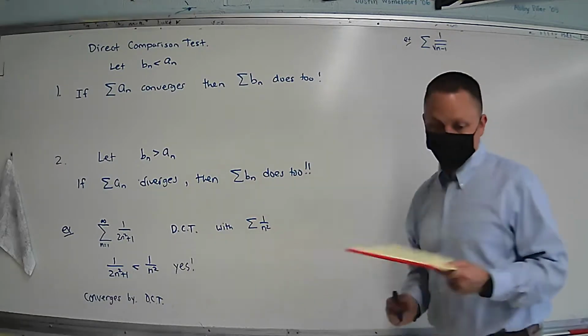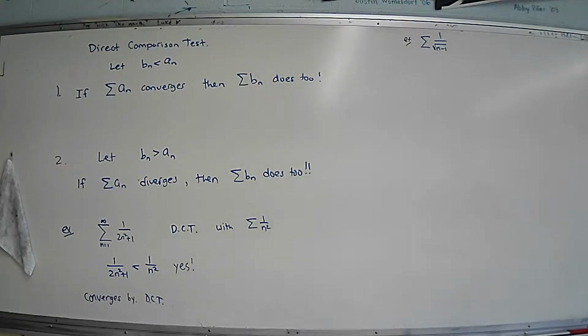I'm going to go out and kind of say that if you can't make the comparison relatively easily, then use a different test. Because the limit comparison test, which we're going to learn here in a minute, is way easier to do because you don't have to know who's bigger and who's smaller. Okay? I would only use this direct comparison test if it's relatively obvious in the comparison.